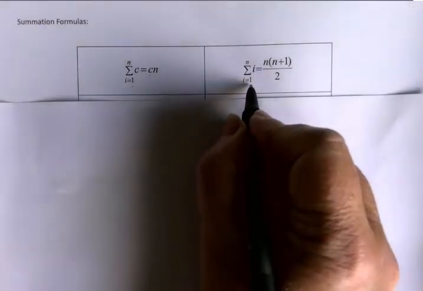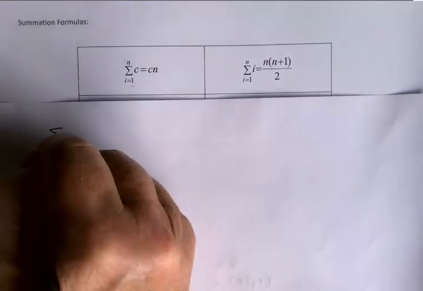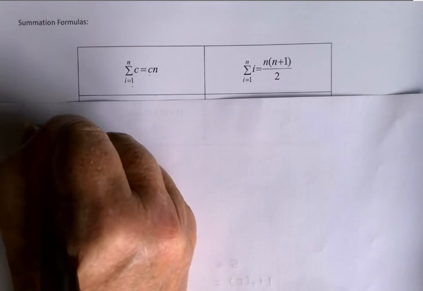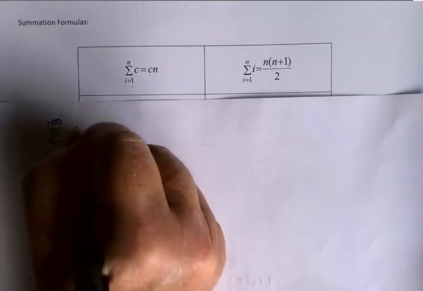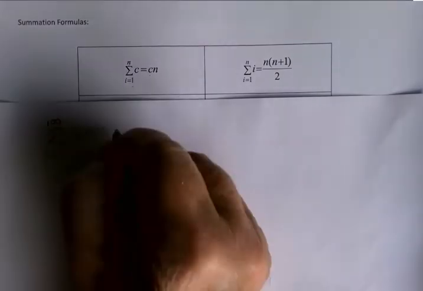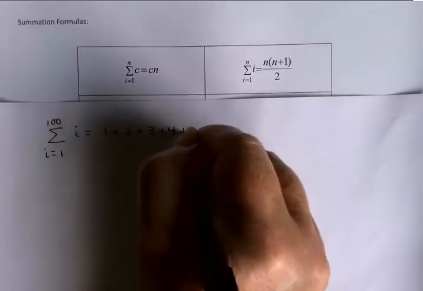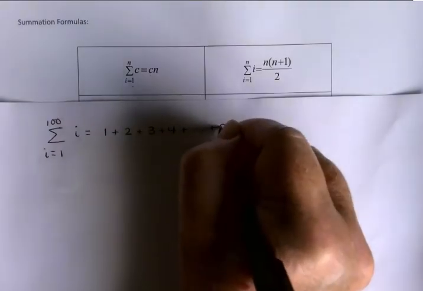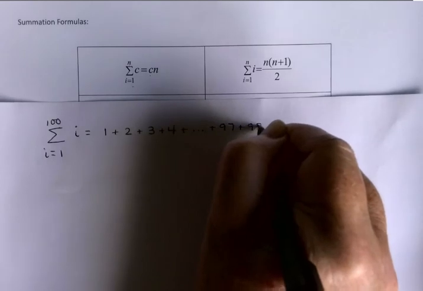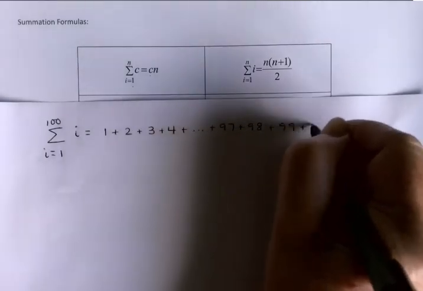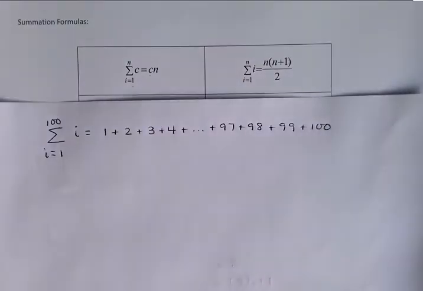If you imagine, for example, summing up the numbers from 1 to 100, this really means 1 plus 2 plus 3 plus 4 up to 97 plus 98 plus 99 plus 100, right? Think of this pattern.